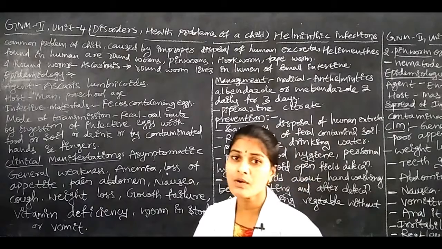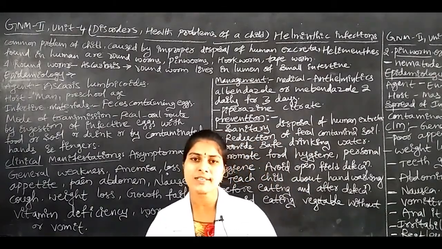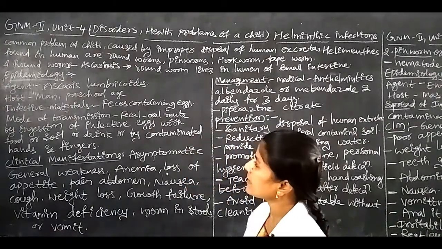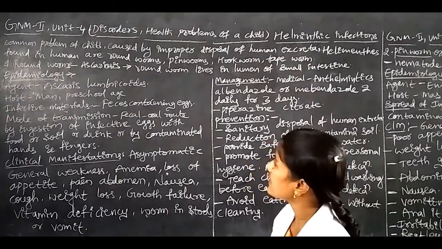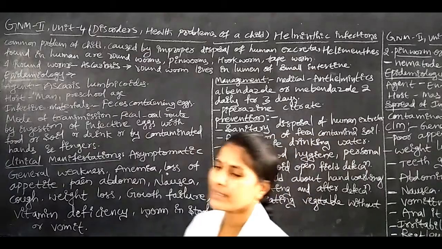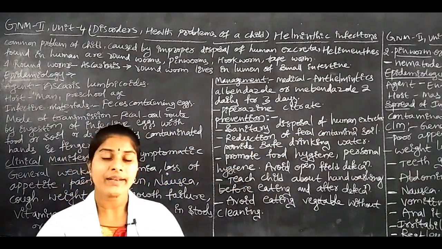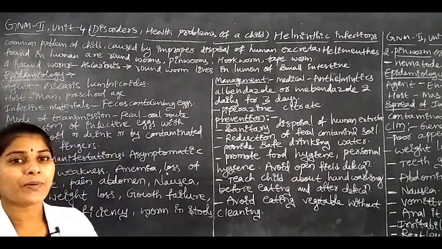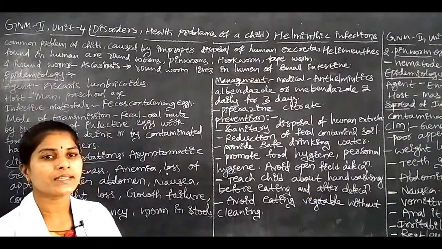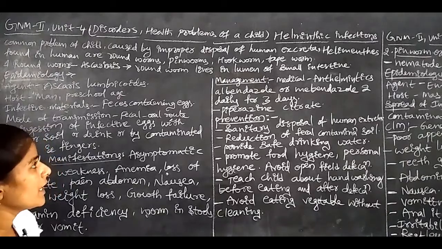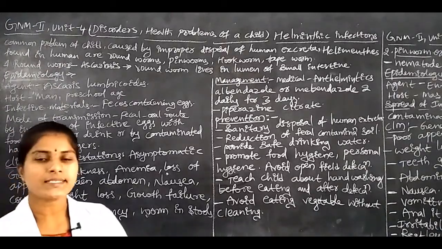In roundworms, what type of disease comes to children? Roundworms cause ascariasis. Where do roundworms live in the human being? The particular place for their growth is the lumen of the small intestine.